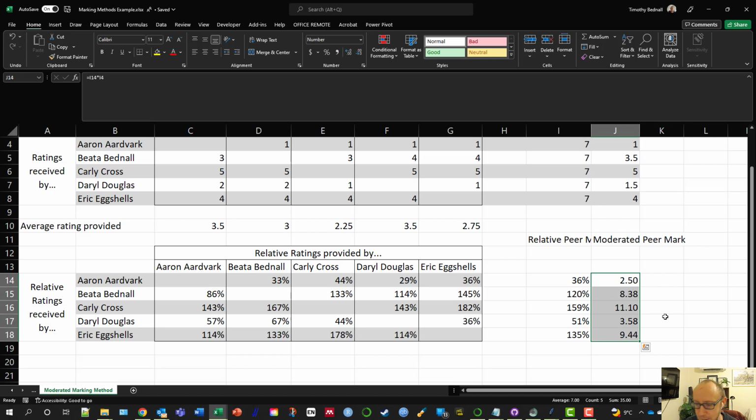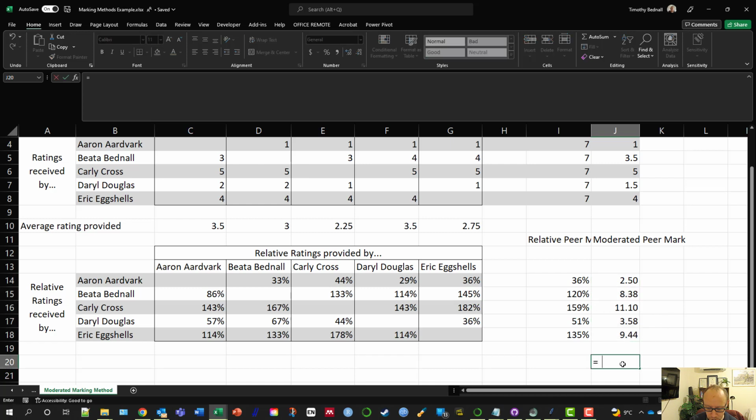What that means is that if we add these marks together, they will add up to an average rating of 7, which of course is the group mark score, or actually, sorry, it will be 35 because it's divided by 5 people. So if I took the average there, it'll be 7.